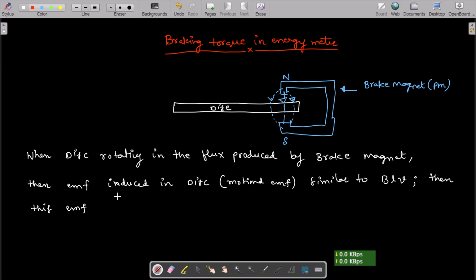This EMF produces eddy currents in the disc, because the disc is having many short circuit paths on it. We already know about those eddy current paths.